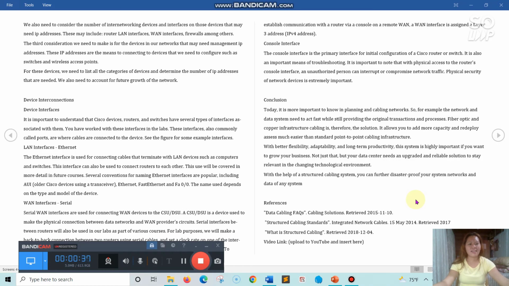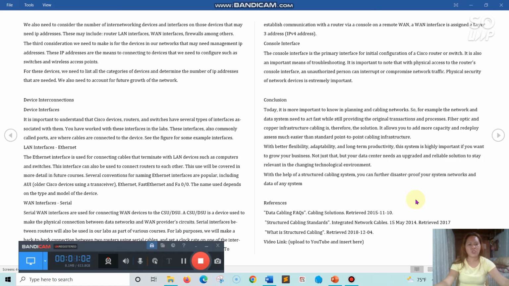It allows you to add more capacity and redeploy access much more easily than standard point-to-point cabling infrastructure. With better flexibility, adaptability, and long-term productivity, this system is highly important if you want to grow your business.